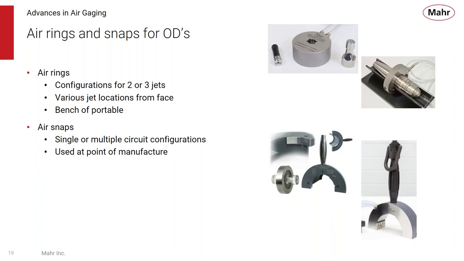They can be single or multiple circuit configurations, and used for a wide range of OD applications. Again, we can put very similar things to stop collars on them to make sure they align to a location on the outside diameter, or we could put multiple circuits into an air snap to get a taper or those types of checks on the OD.